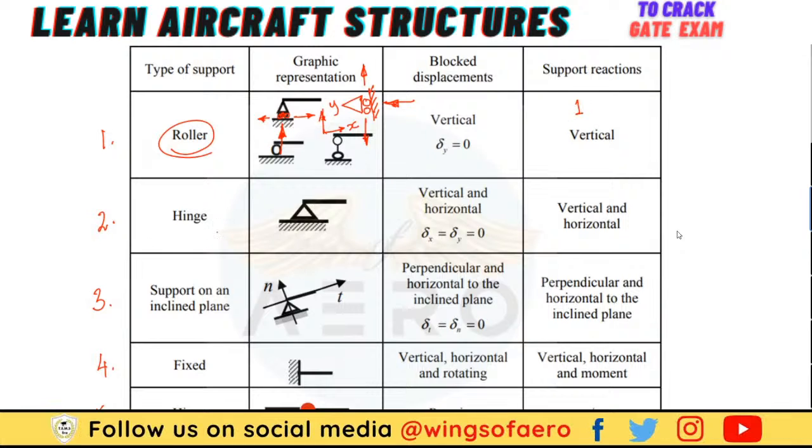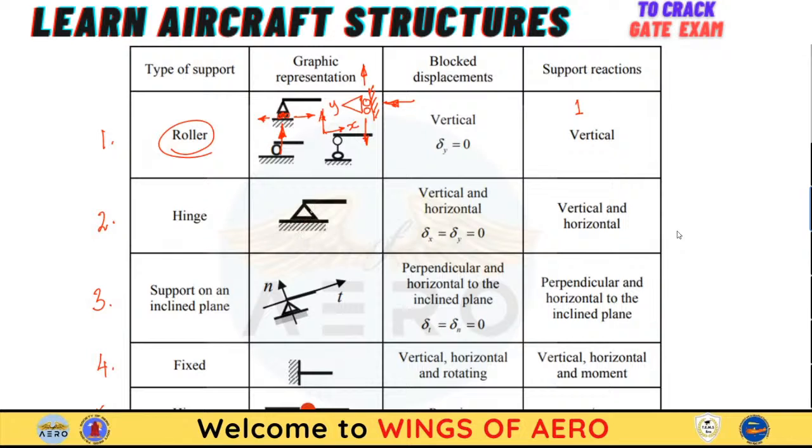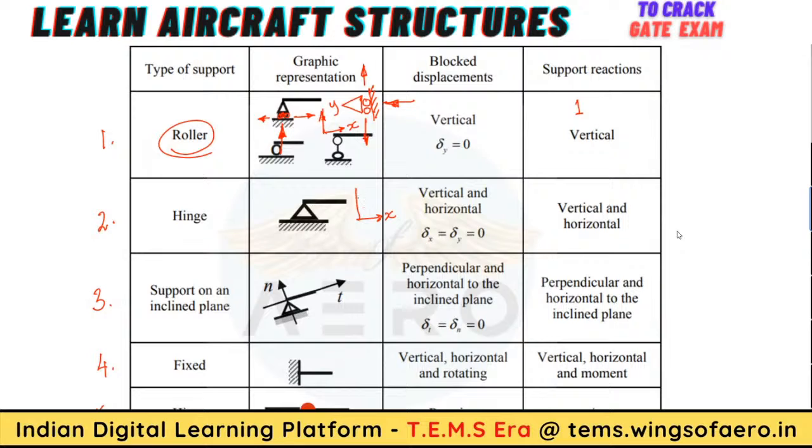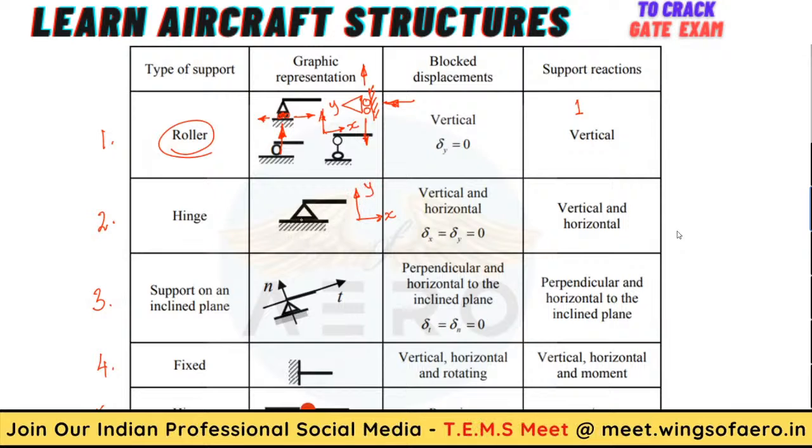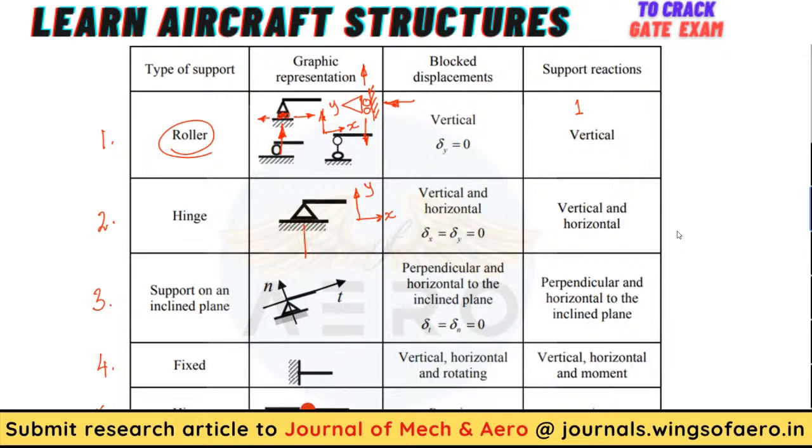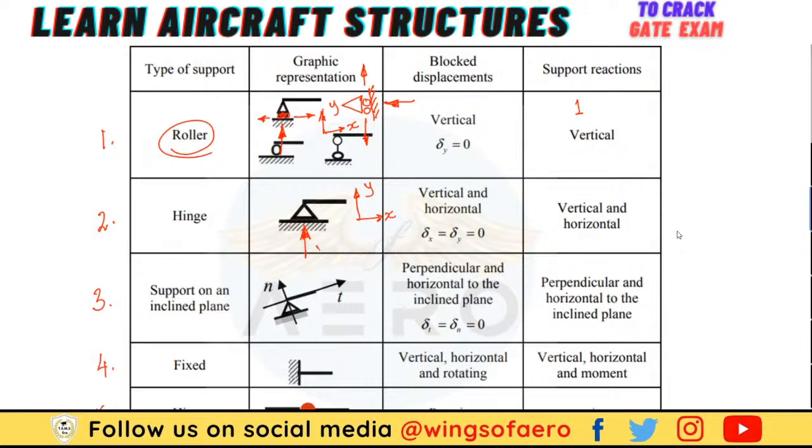Coming to the next, the hinge. In the case of a hinge, what happens? There will be no displacement either in the x direction or in the y direction. It will be completely restrained in both the x and y planes. So in this case, you will have two support reactions. One is vertical.